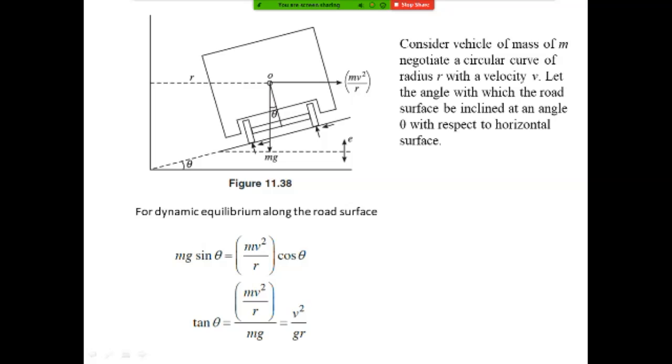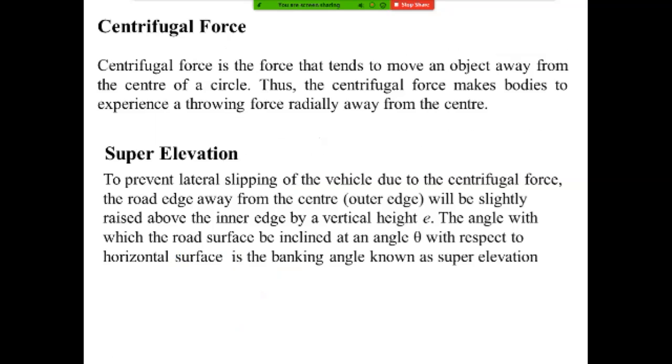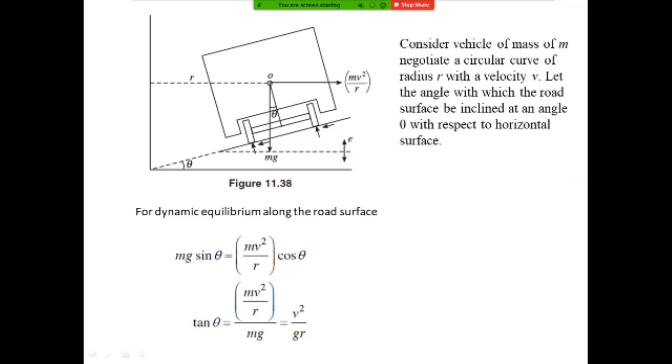This is to avoid your body moving away, to avoid centrifugal force, and to keep the vehicle intact on the road. For that, they provide this sloping road. That is, the slope is steeping towards the center. Okay, this angle is called the super elevation.